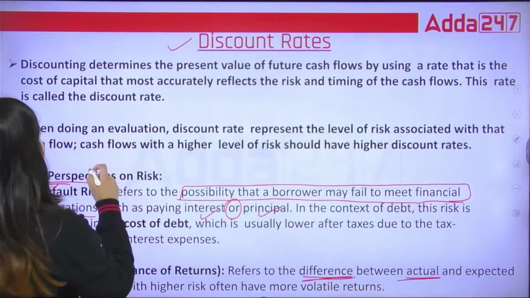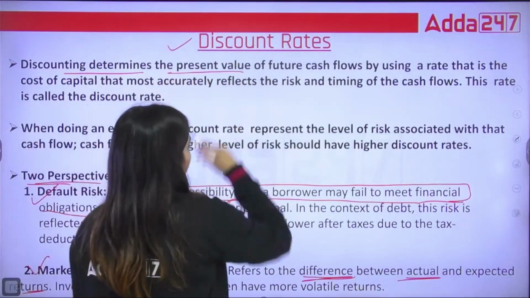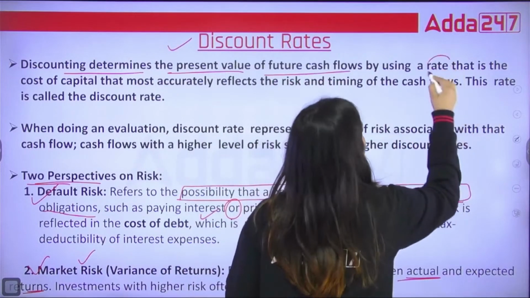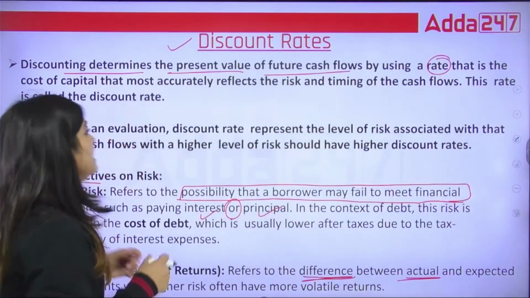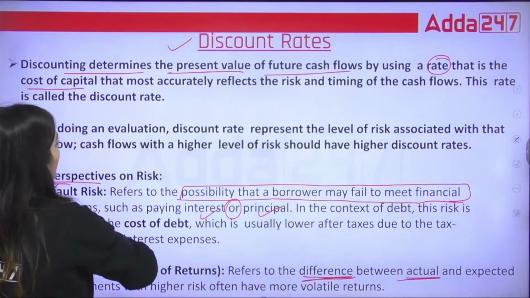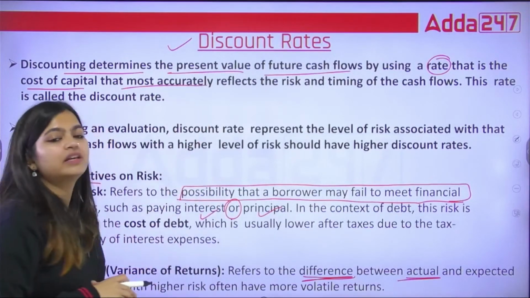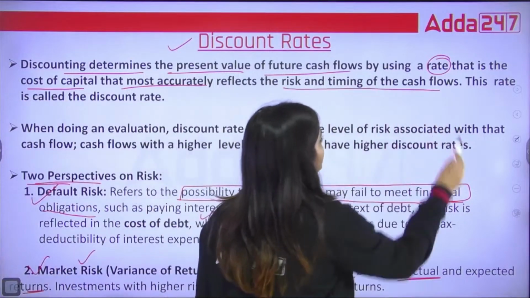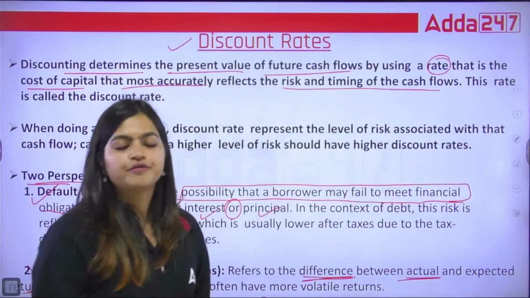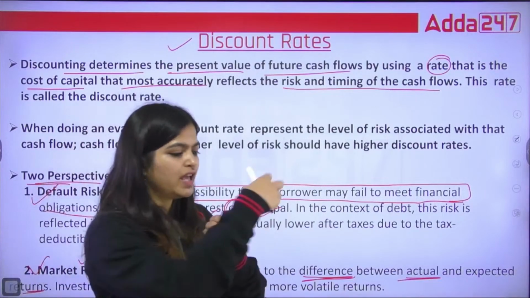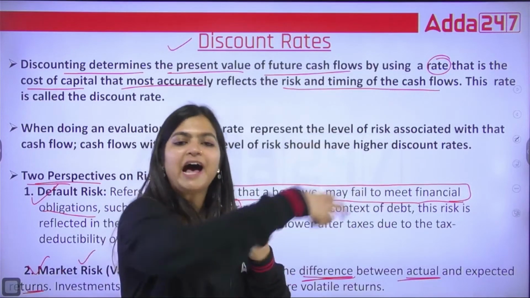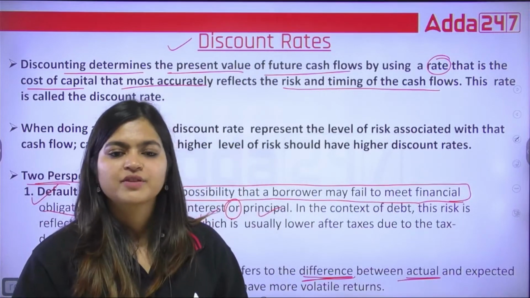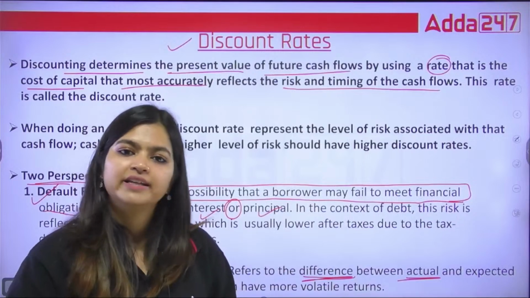The discount rate determines the present value of future cash flows, as I already told you, by using a rate, that is the cost of capital, which most accurately reflects the risk and the timing of the cash flows. We use the rate through which we discount our future cash flows to know their value at today's time period, for whatever expected cash flows you are getting.